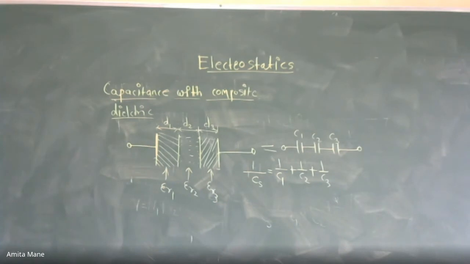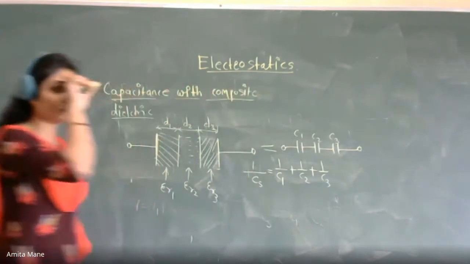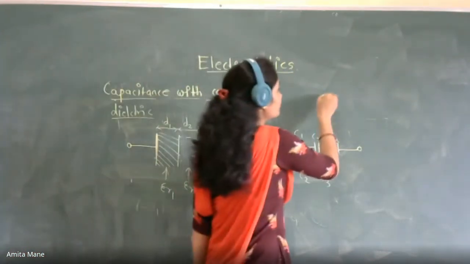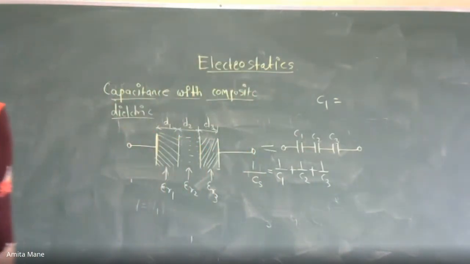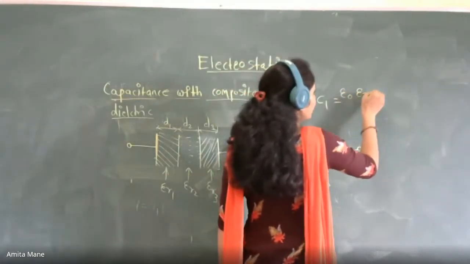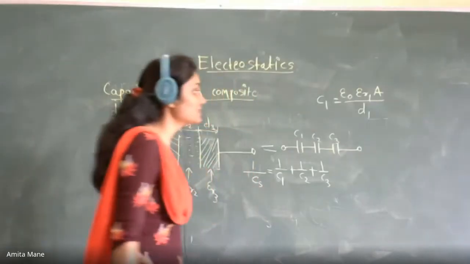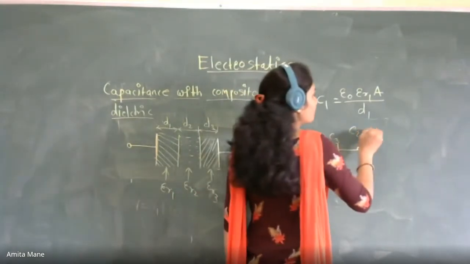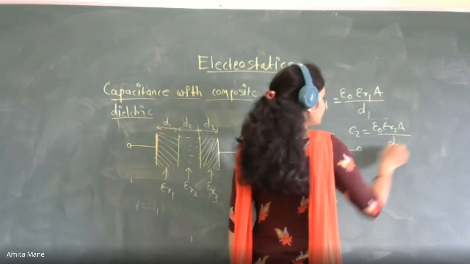Now, what will be the value of C1? अभी जो हमने लास्ट फॉर्मूला डिराइव किया उस फॉर्मेट में C1 की वैल्यू क्या रहेगी? Epsilon naught epsilon R1 A upon D1. Similarly, C2, C3.